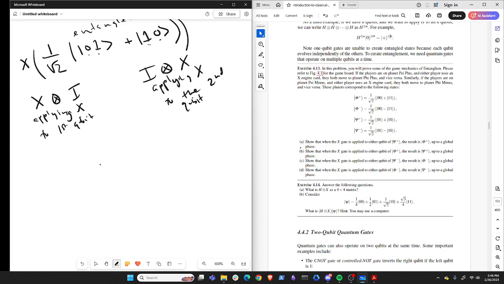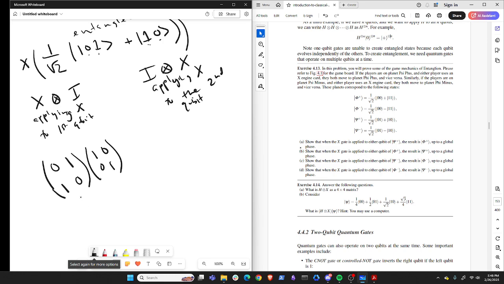So let's go ahead and get our matrix form here. X, as we know, what we just saw was 0, 1, 1, 0. Identity is 1, 0, 0, 1. We're doing the Kronecker product.